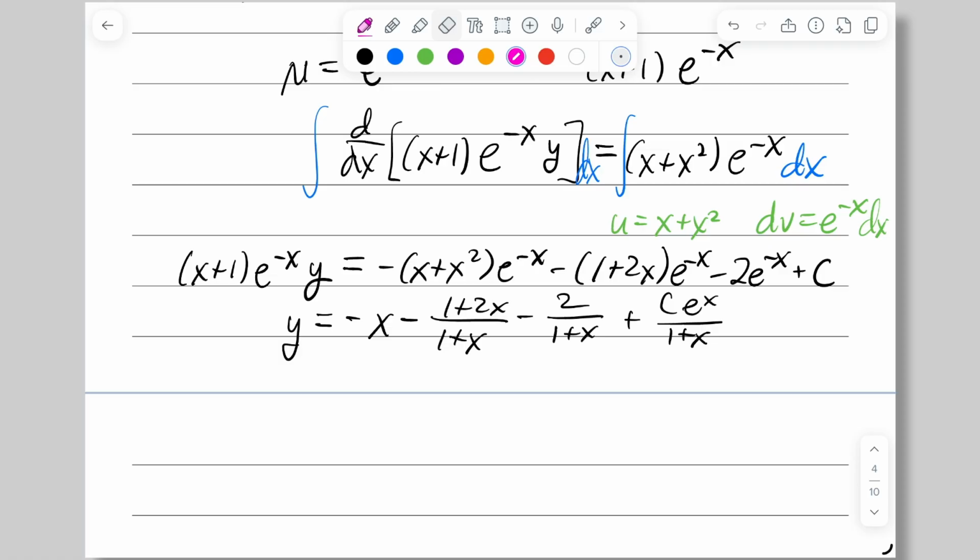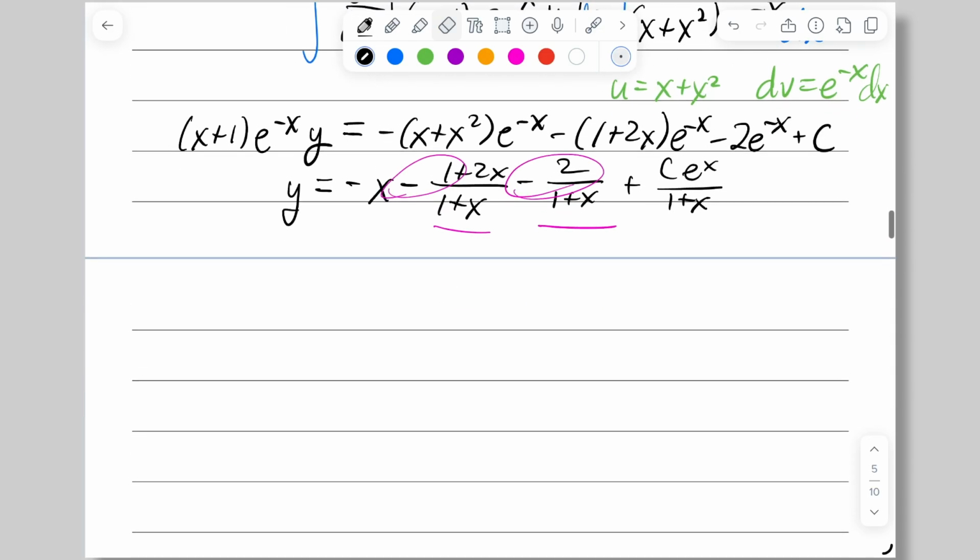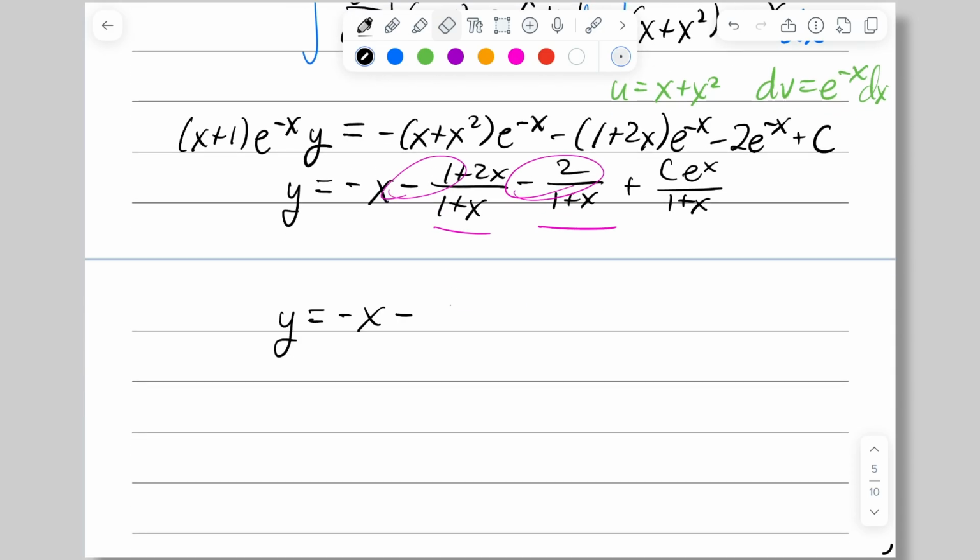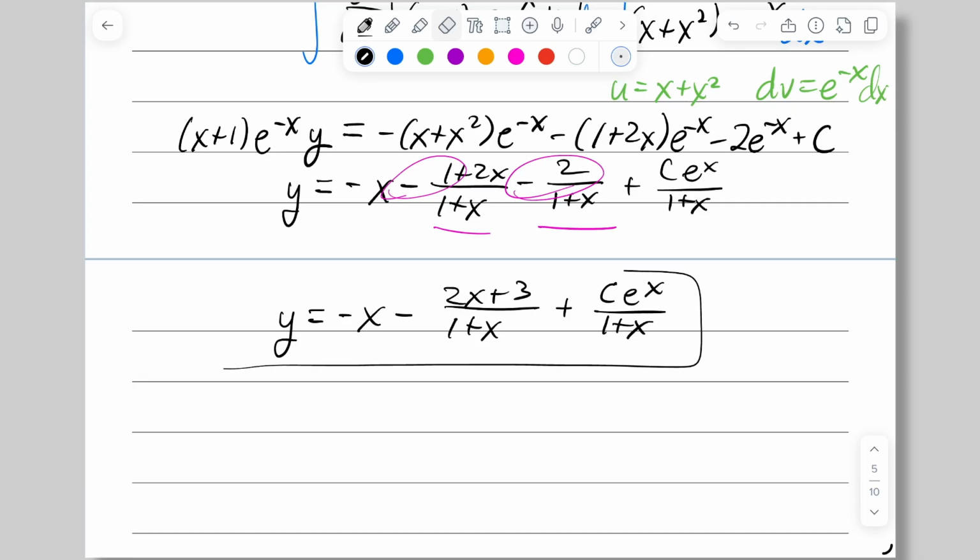Notice that among our fractions that have common denominators, we have a -1 and a -2. We're going to go ahead and combine those. Y equals negative x minus 2x plus 3 over 1 plus x plus c e to the x over 1 plus x. And yes, you could combine those last two terms if you wanted. You could get everything to have a common denominator, but I'm not going to bother with that.